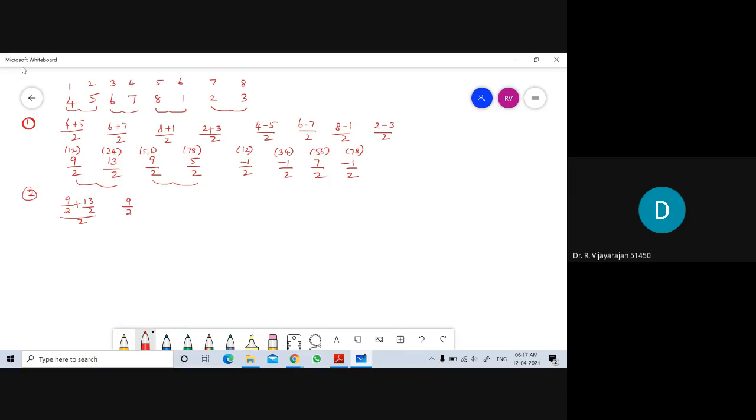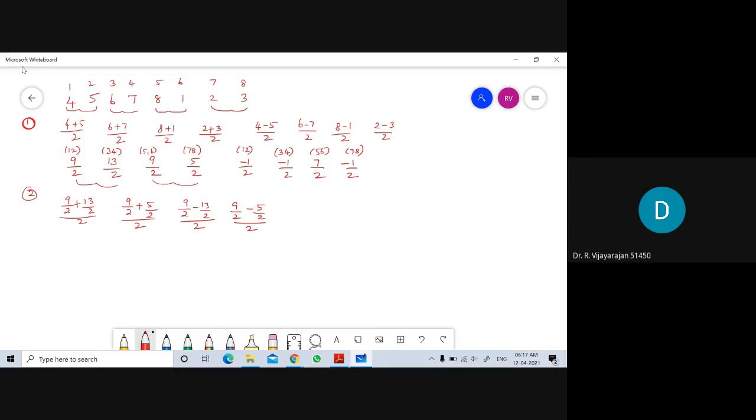Similarly, 9 by 2 plus 5 by 2 divided by 2. The difference: 9 by 2 minus 13 by 2 divided by 2, and 9 by 2 minus 5 by 2 divided by 2.